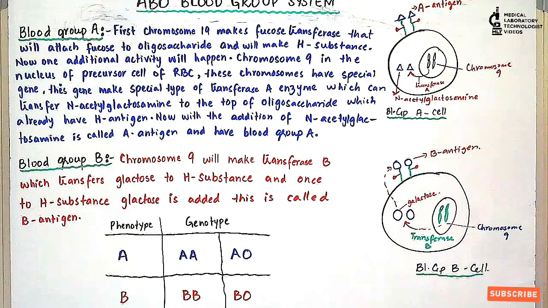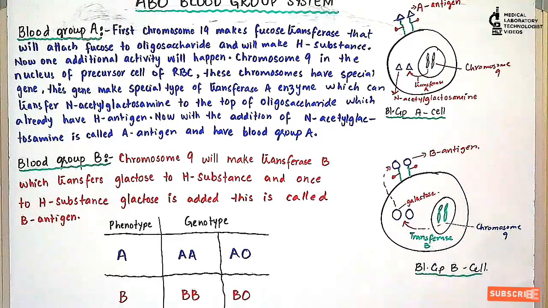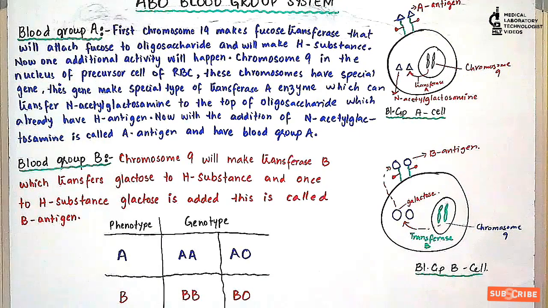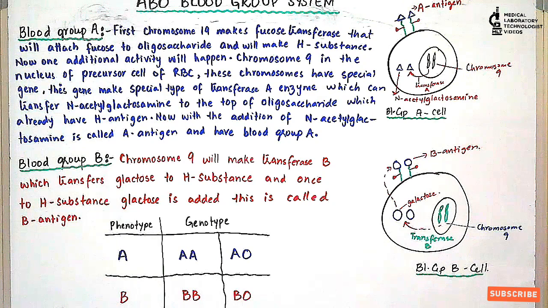Chromosome 9 will make transferase B, and that will transfer galactose to the oligosaccharide which already has H antigen, and when galactose is added to the oligosaccharide, it is called B antigen, and those people's blood group will be expressed as blood group B, because they contain antigen B.